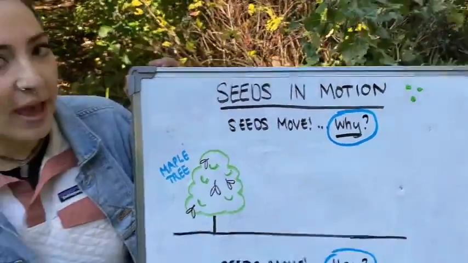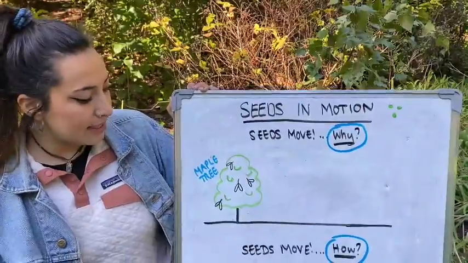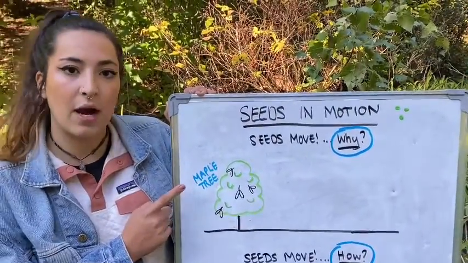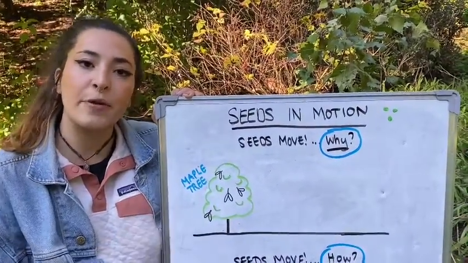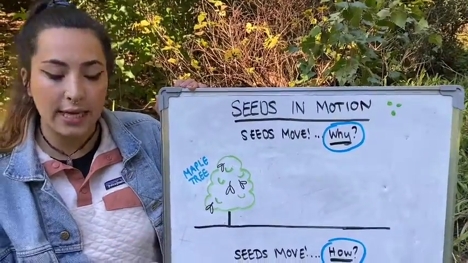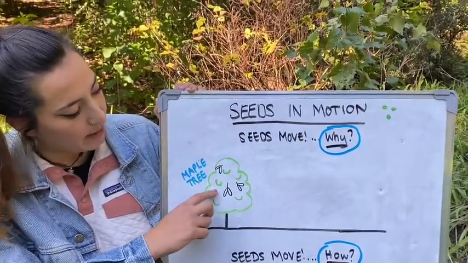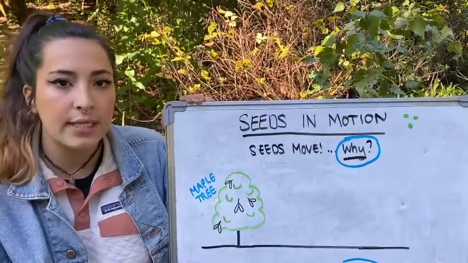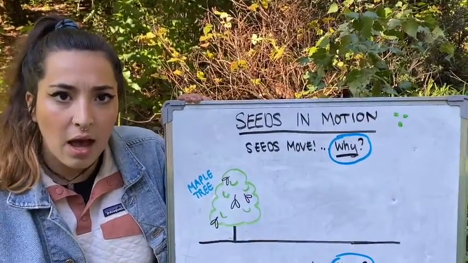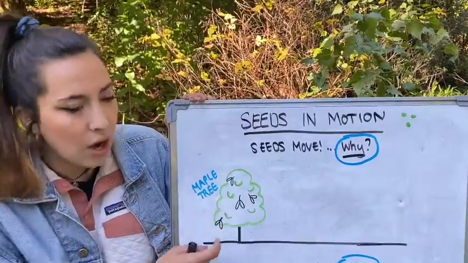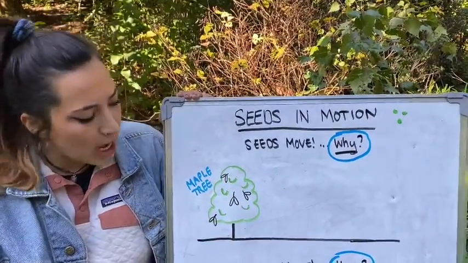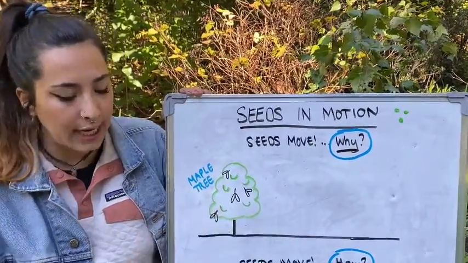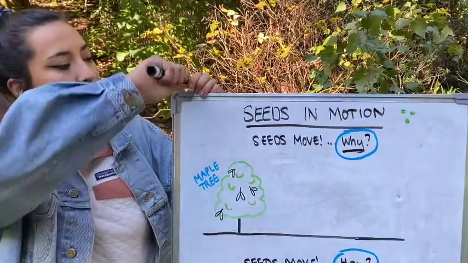So think about that for a moment. Let's think about the example of our maple trees. So maple trees make little seeds that sit high up in their trees. If our maple tree seeds just fell on the ground right below the big giant maple parent tree, what would happen?